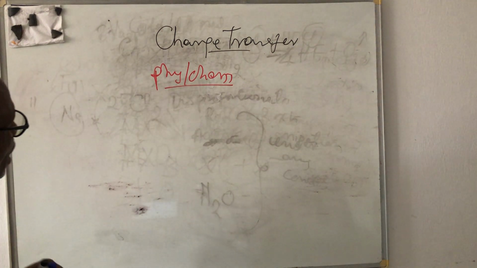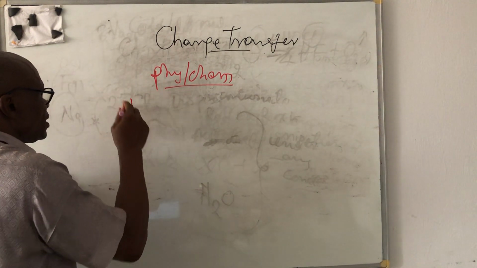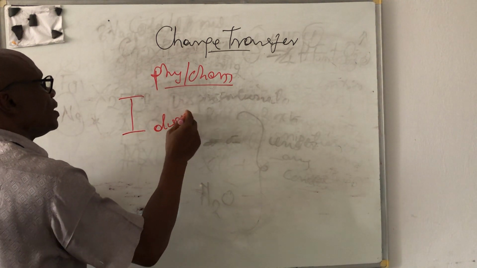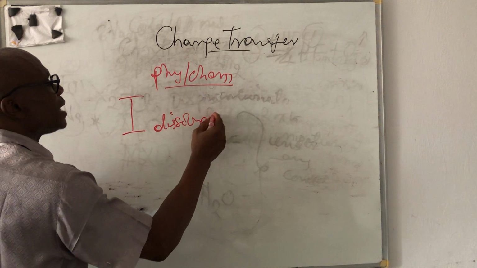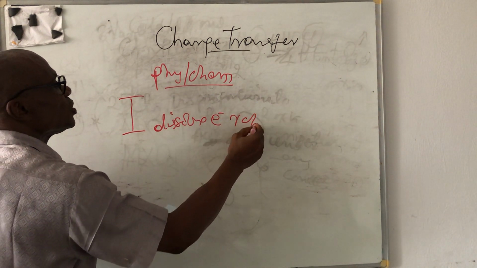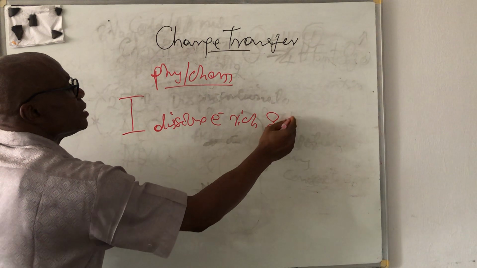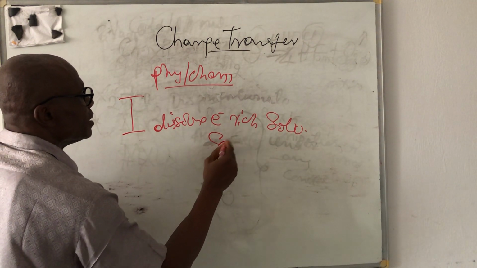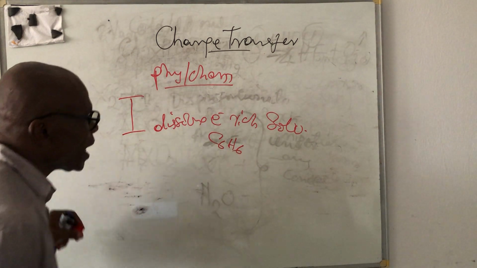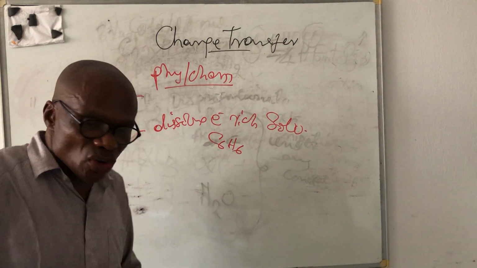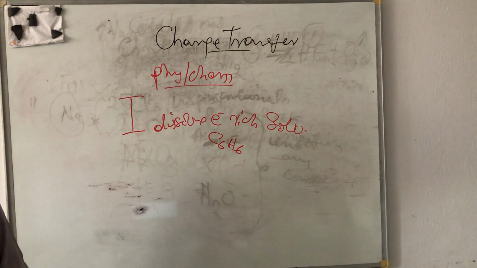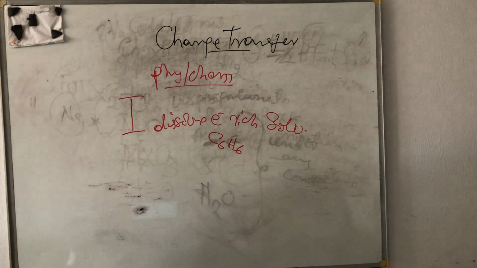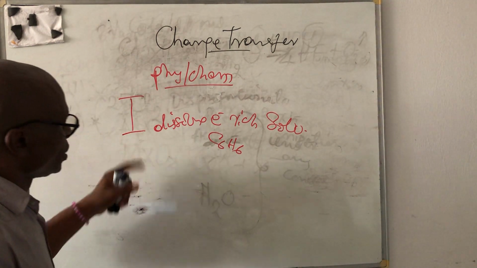What do we mean here? If iodine, let's use iodine, is made to dissolve in an electron-rich solvent, such as benzene, we will find that there shall be a color change from the conventional color of iodine.